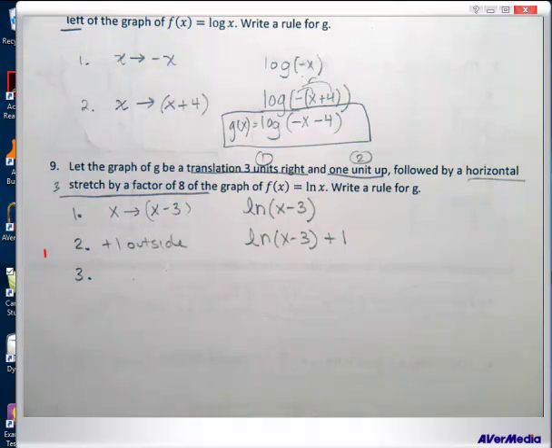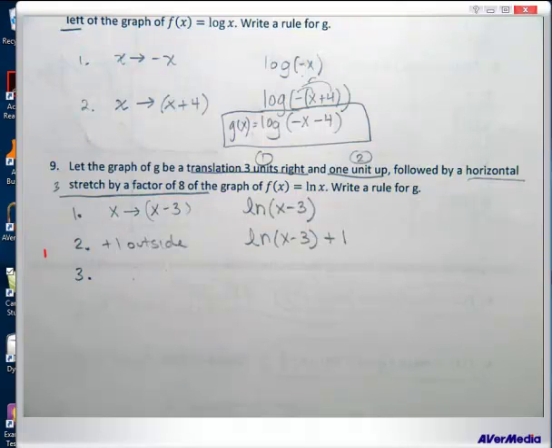Rachel H., what about number 3? Stretching horizontally by a factor of 8. If it's horizontal, it's on the inside because it's affecting the x. Who knows what to do with horizontal, in this case, a horizontal stretch by a factor of 8?